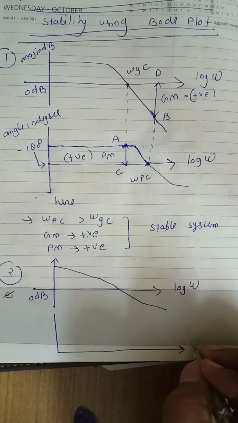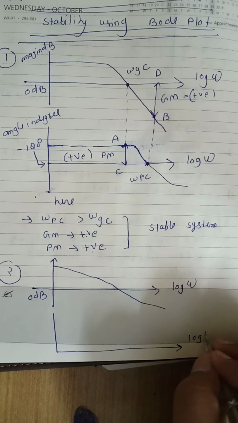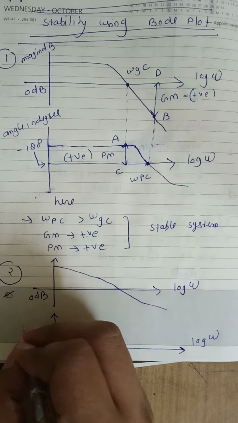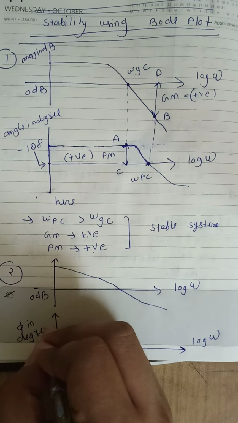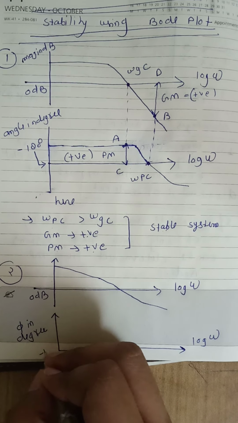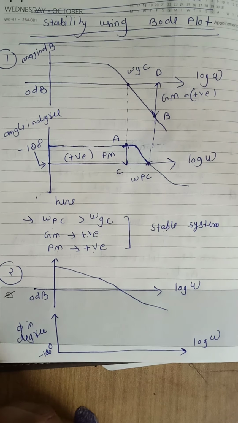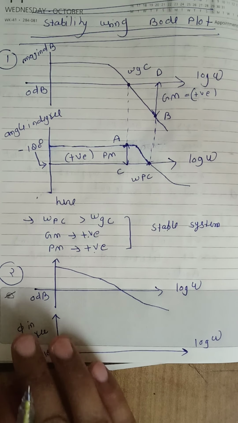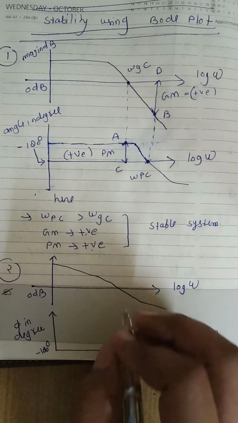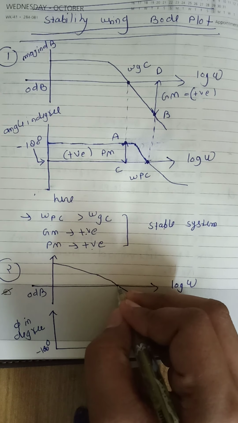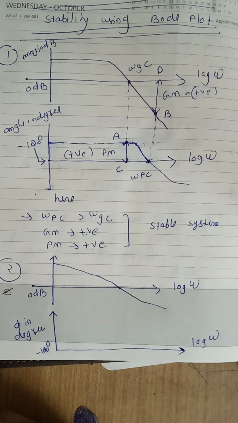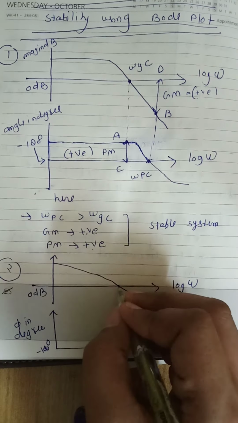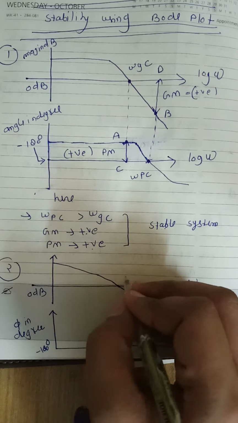In the phase plot, the horizontal axis will also define log omega, the vertical scale will define angle in degrees, and the reference line means the minus 180 degree line. So at this point we have gain crossover frequency.